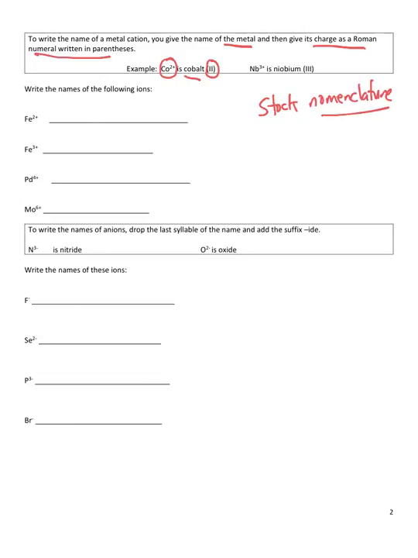The parentheses are important. They're part of the name. So Co2+ is cobalt, open parenthesis, Roman numeral II, close parenthesis. Nb3+ is niobium, Roman numeral III in parentheses.